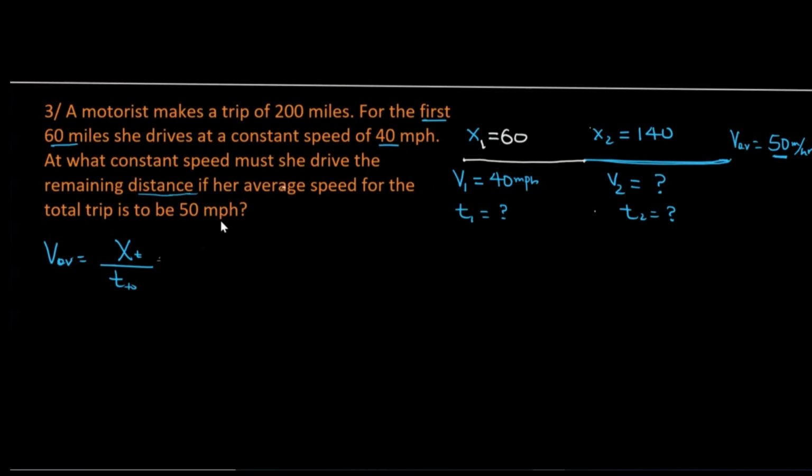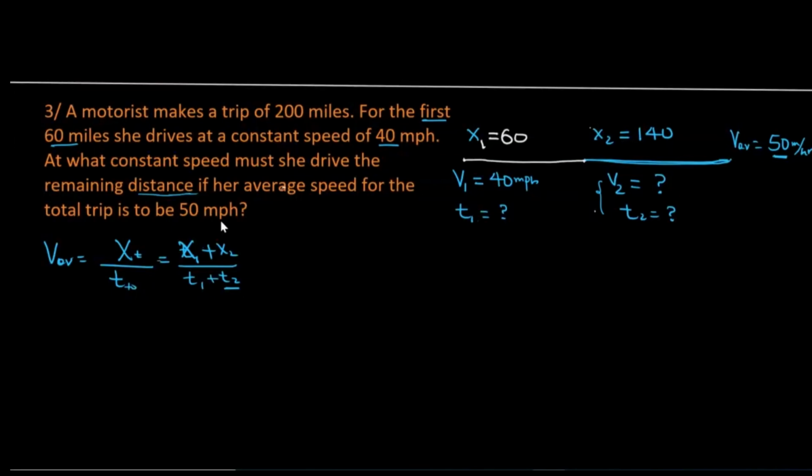The average speed means x1 plus x2, which is 200, over t1 plus t2. I know everything except this t2.